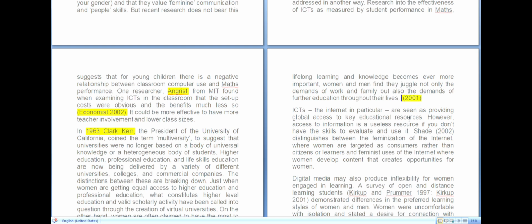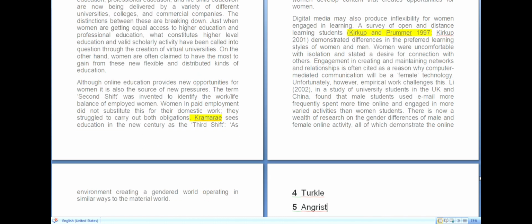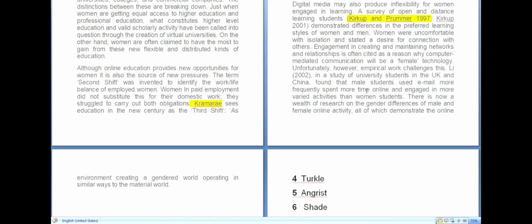Similarly, 1997, Kirkup and Prumla. Scrolling the page a little lower, we have 2002. And who is this? This is the person Lee. Fine. Locations are done. What do you do now?